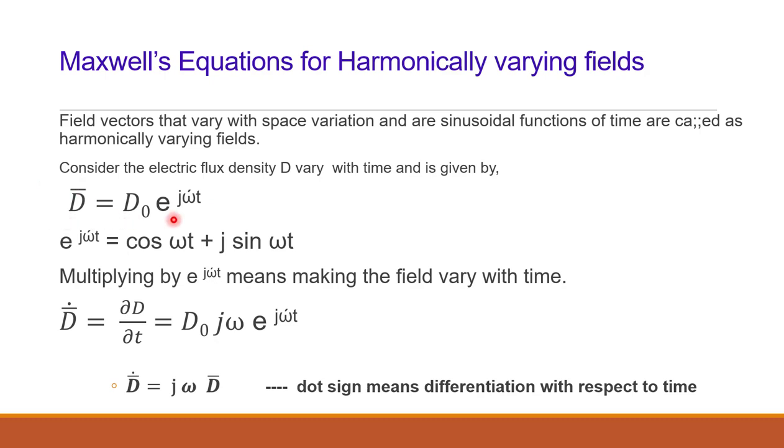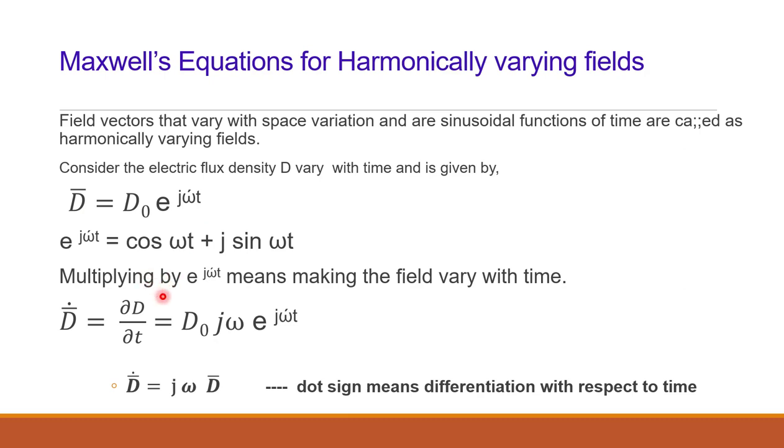D bar is equal to D naught, the maximum amplitude, e raised to j omega t. We know that e raised to j omega t is nothing but cos omega t plus j sin omega t. It constitutes both sine waves and cosine waves. So D can be expressed as D naught into e raised to j omega t.